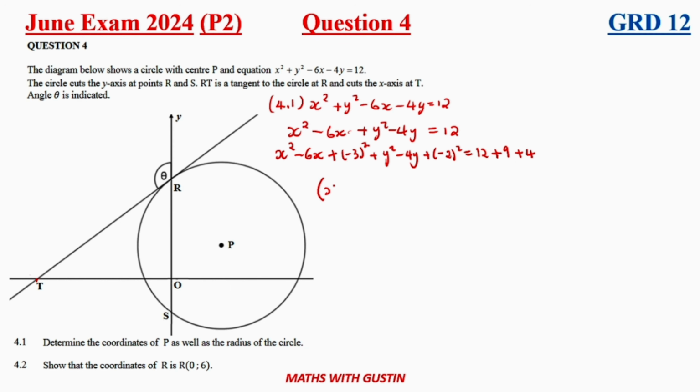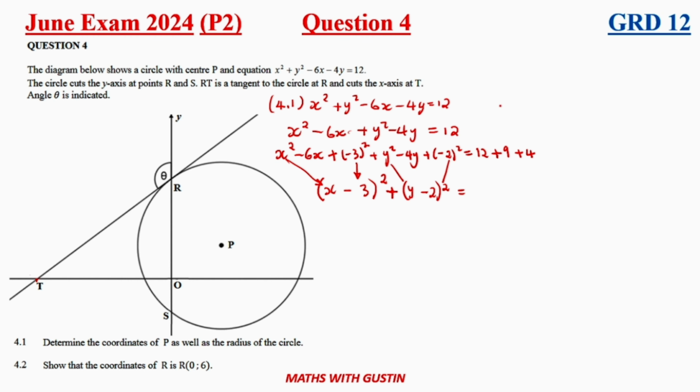We take what is outside the bracket, minus 3, all squared. You take x without the square, then you take the last term without the square. The same thing applies here with y: it's going to be plus y without the square, then you take this without the square as well, all squared.